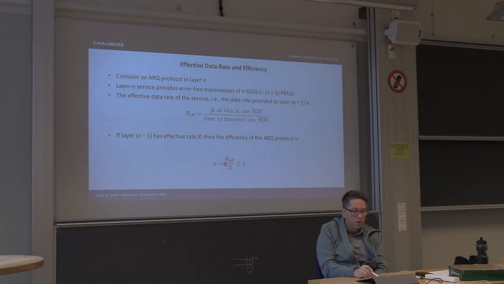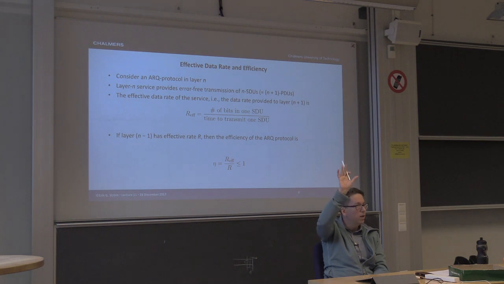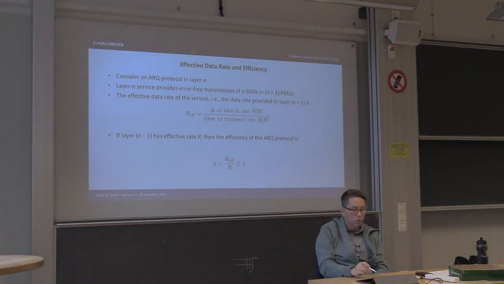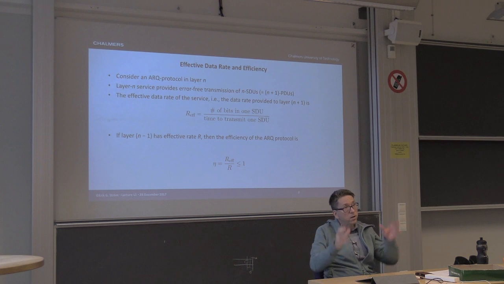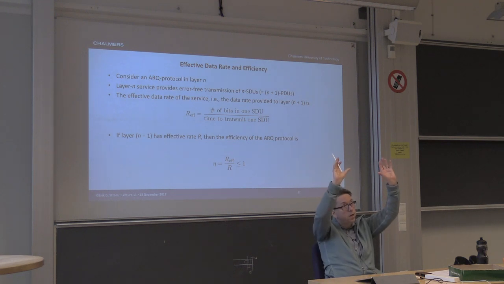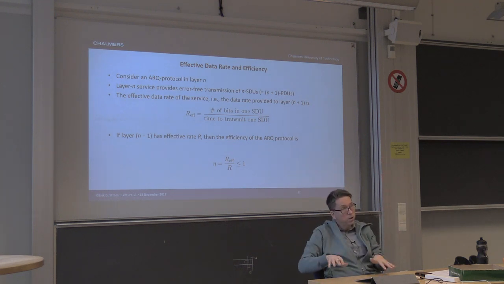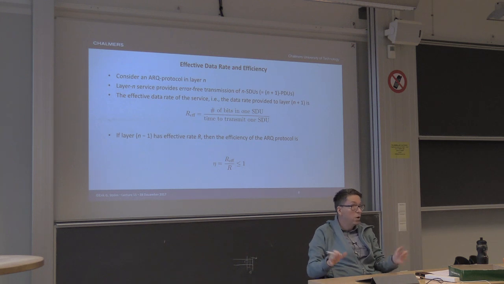So the efficiency is the ratio between the effective rate, that is the data rate that the layer above me perceives, to the data rate which I get from the layer below. And we can never increase this data rate. I cannot deliver a data rate up in bits per second which is higher than the bits per second that I can get from the layer below me.